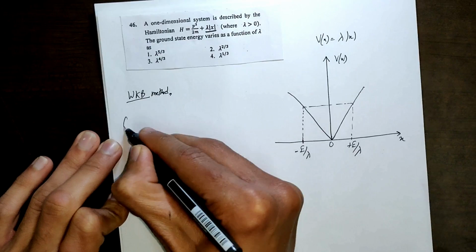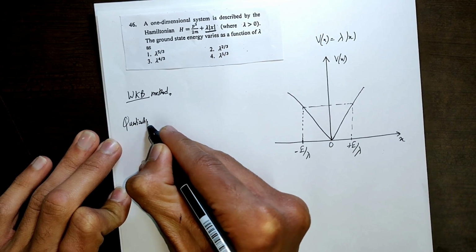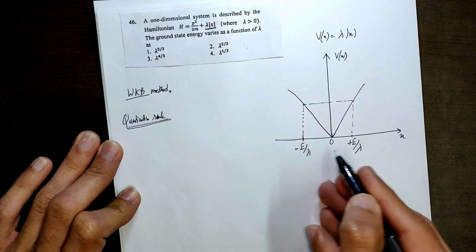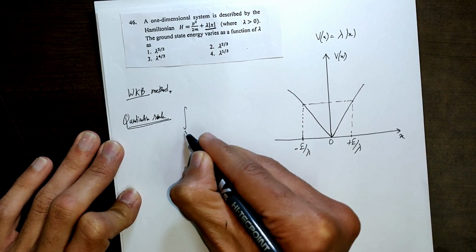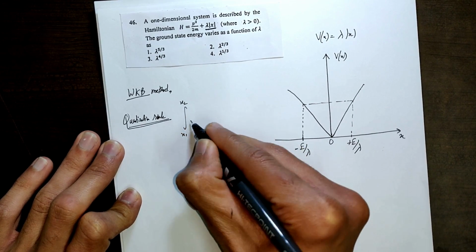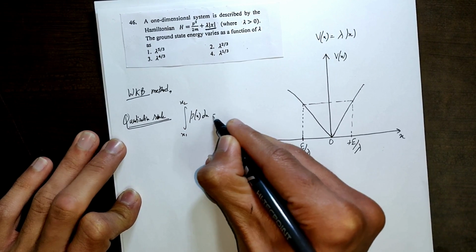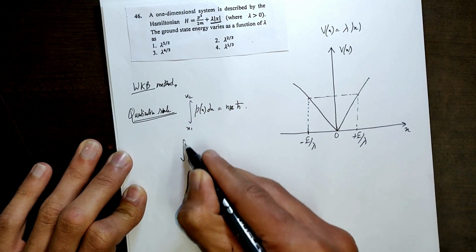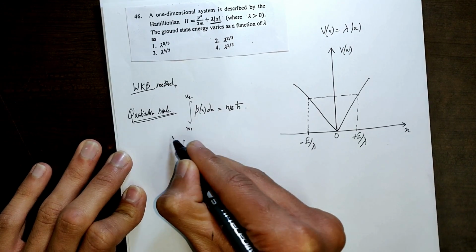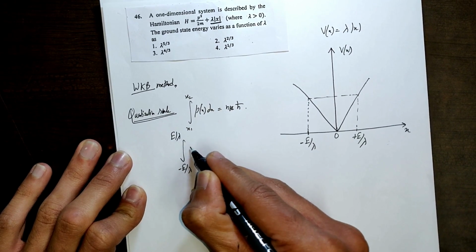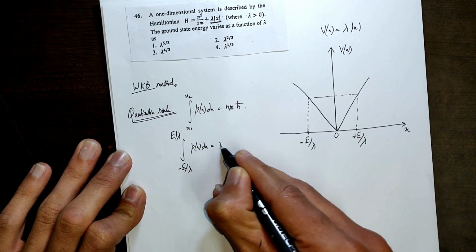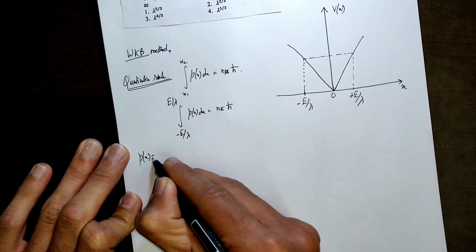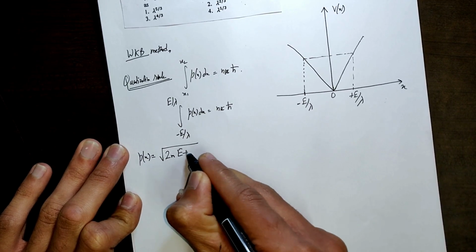So the quantization rule for potential wells with two rigid walls, we know that it is given by the integral from x1 to x2 of p_x dx is equal to n pi h cross. So x1 is minus E by lambda, x2 is E by lambda. We know that p_x is equal to under root 2m (E minus V).